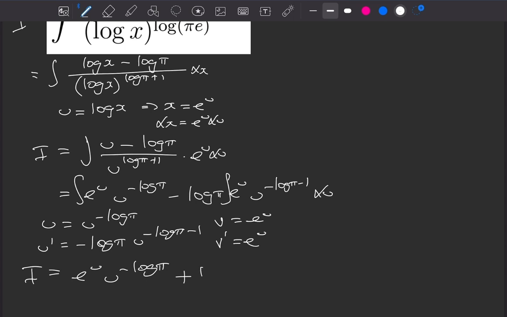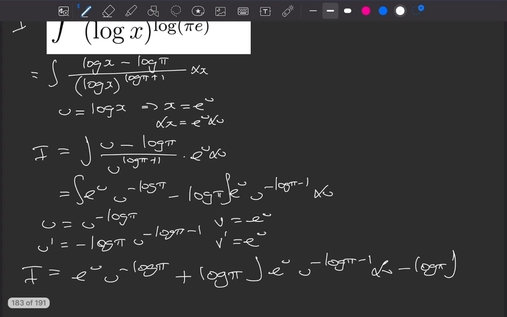There's a log pi as a constant, we'll stick that out the front. And then the integral of e to the u multiplied by u to the minus log pi minus 1 du. And now we need to bring this bit with us as well. So we'll have a minus log pi integral of e to the u, u to the minus log pi minus 1 du.